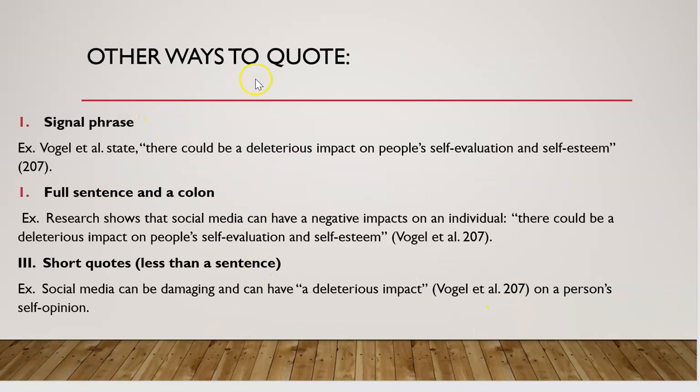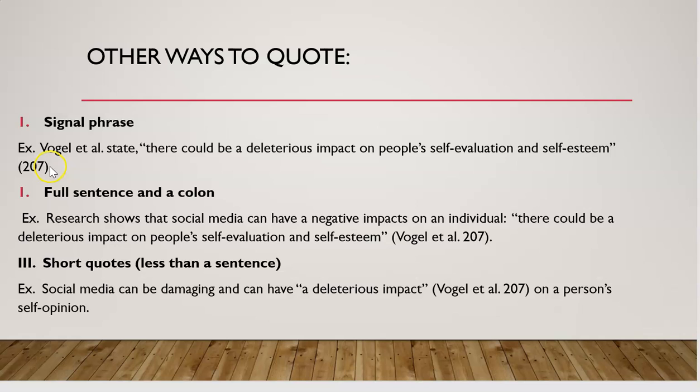There are some other ways that you can quote properly or correctly. So we talked about the first one already, using a signal phrase, and that just means including the author's name or authors' names in your sentence, and then using a strong verb, state, describe, argues, etc., and then the quote.